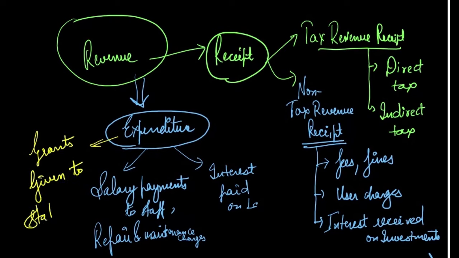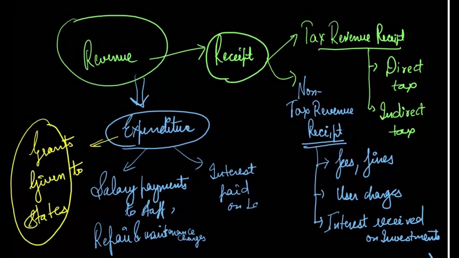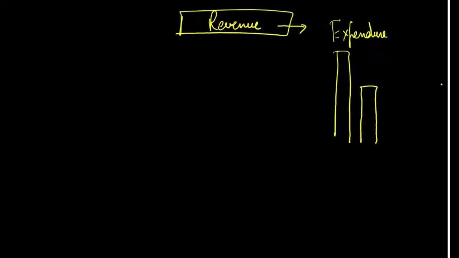These are given on a regular basis. That's why these are included in the revenue expenditure. So, if revenue expenditure is higher than the revenue receipts, this difference is known as revenue deficit.